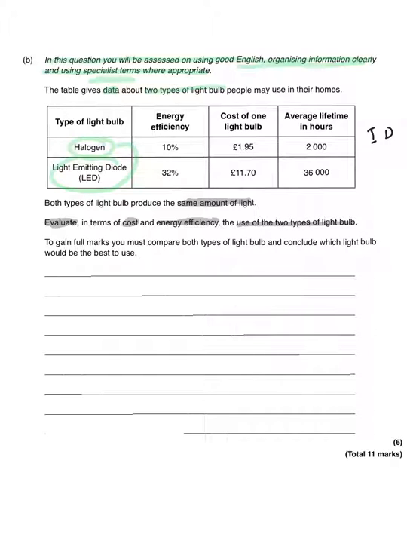Evaluate the use of the 2 bulbs. To gain full marks, you must compare both types of bulb and conclude which is the best. So it's asking you to think of some positives and some negatives, so good things and bad things about the bulbs, but then decide on which you think is best.